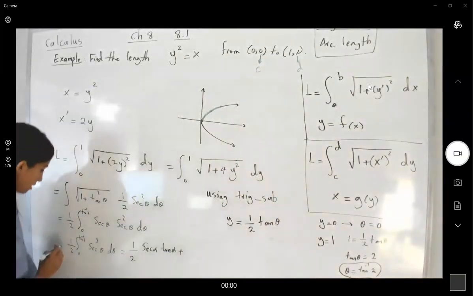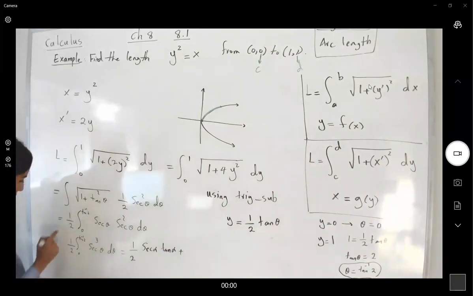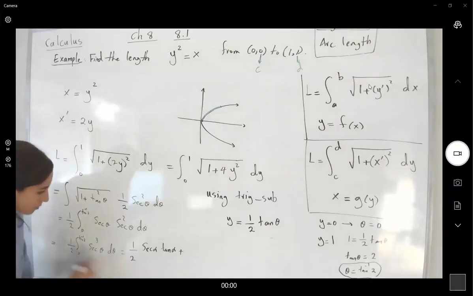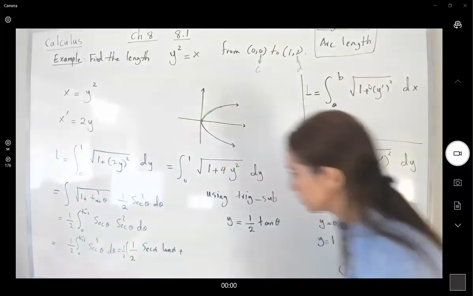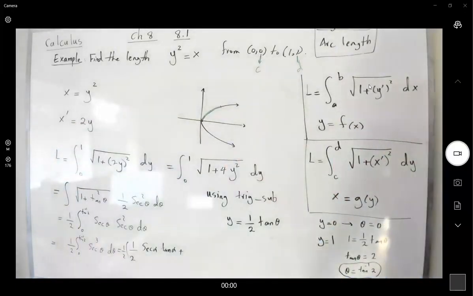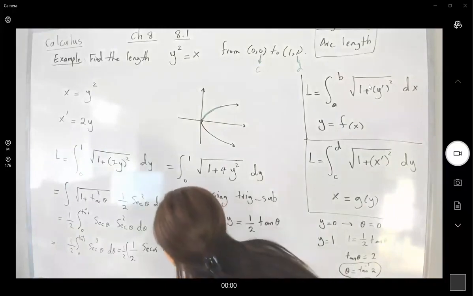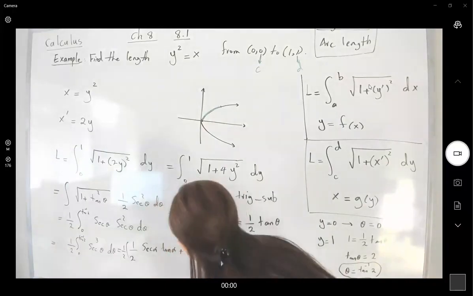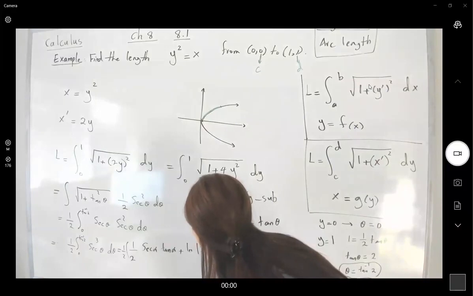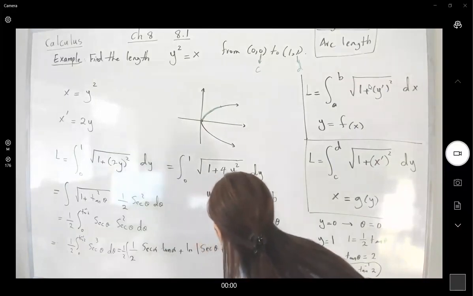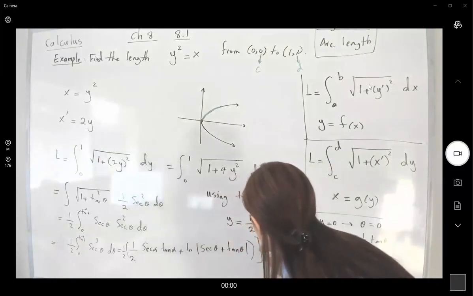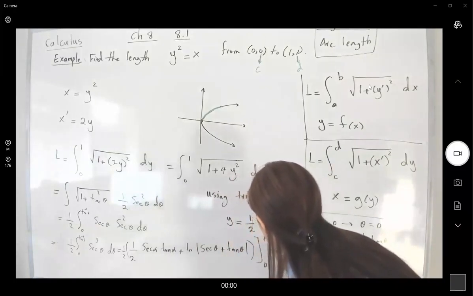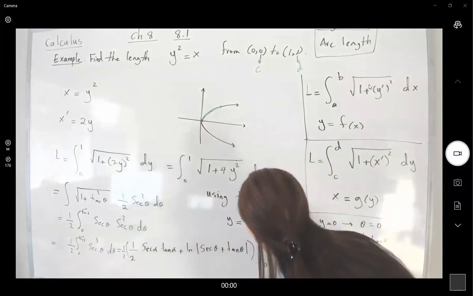So we get another a half because we have it outside, not this one. Here a half. And then here we have ln of secant theta plus tangent theta. Then we're going to plug in from 0 to inverse tangent of 2.